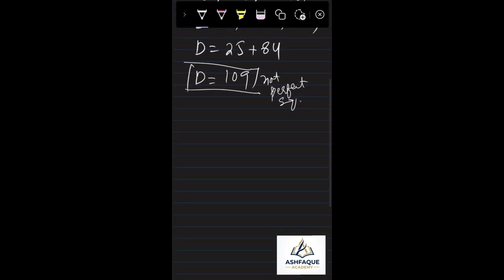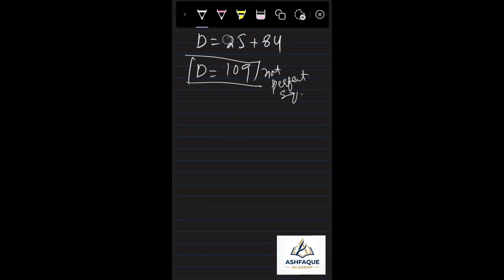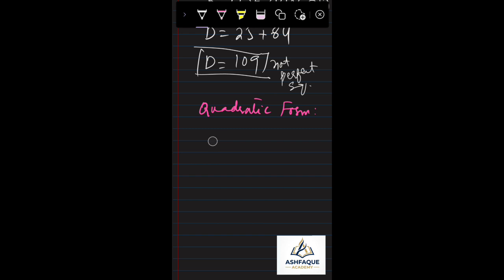So we will use the quadratic formula, that is x is equal to minus b plus minus the root of b square minus 4ac upon 2a.